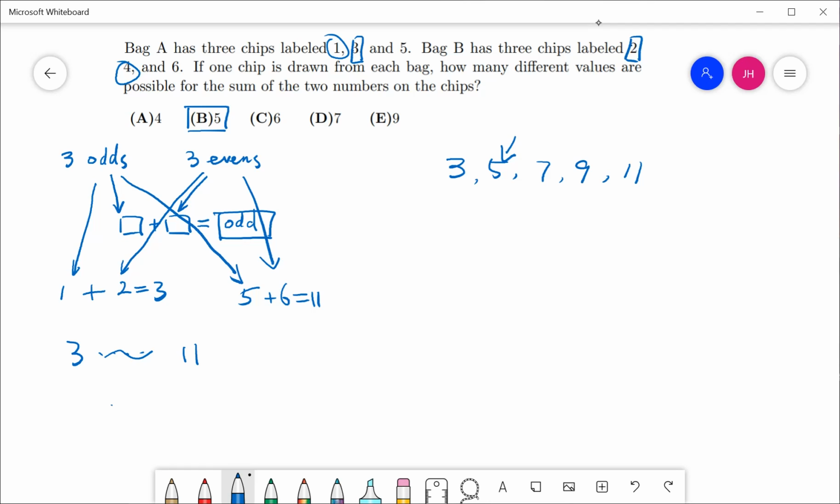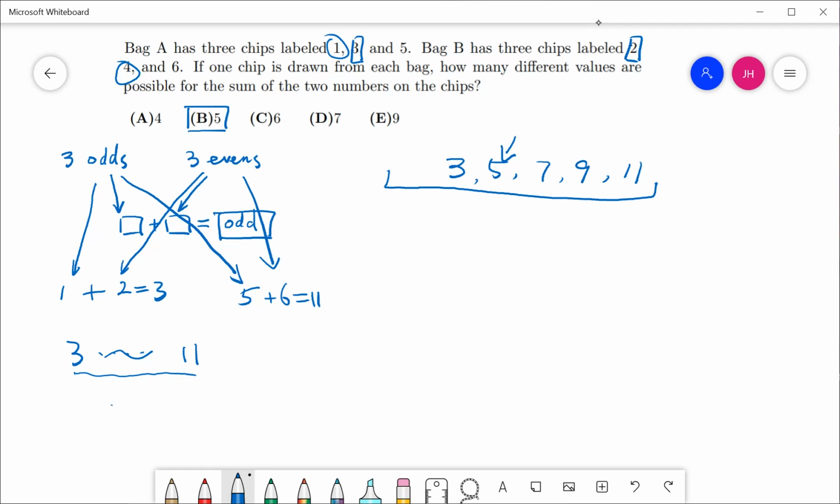However, before we end this problem, I want to make a point here. In this problem, we want to find how many odd numbers there are within a range from 3 to 11, and I want to introduce a systematic way to do that.